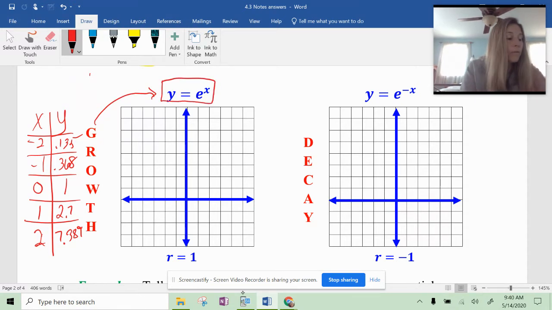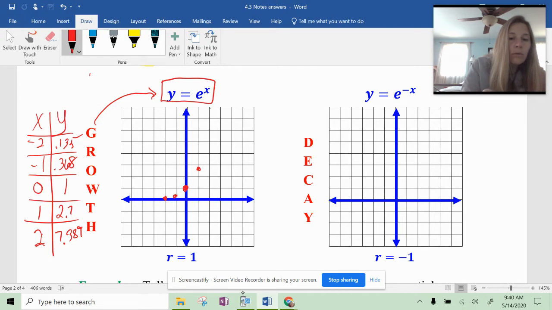So if I were to graph this here, 0, 1, negative 1, 0.38, negative 2, 0.135, and then we have 1, 2.7, and then 2 would be 7.4.